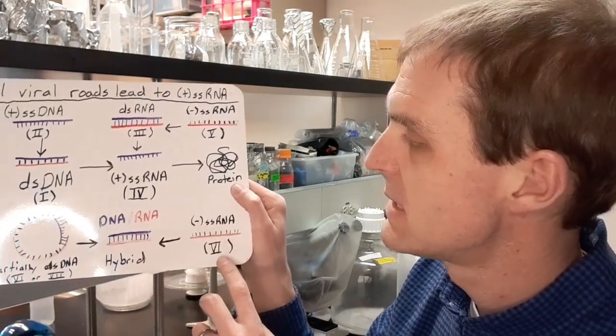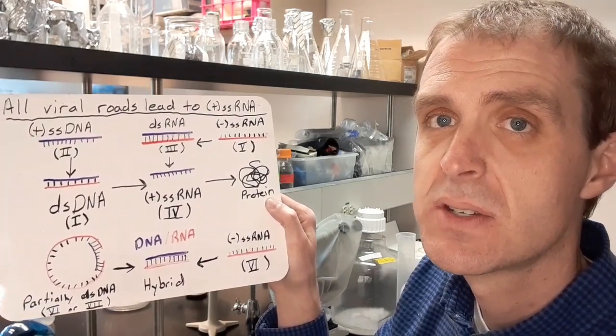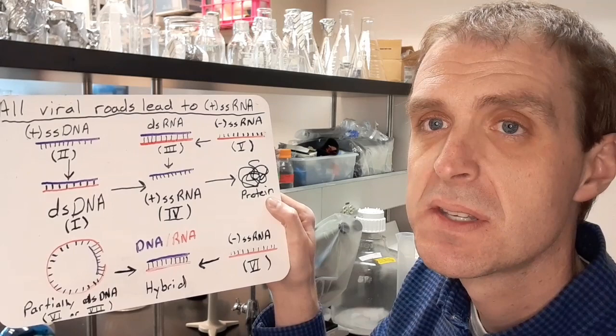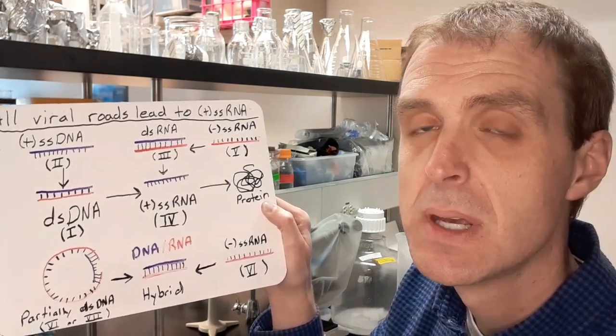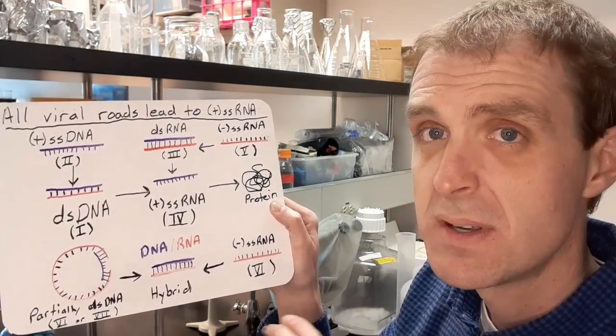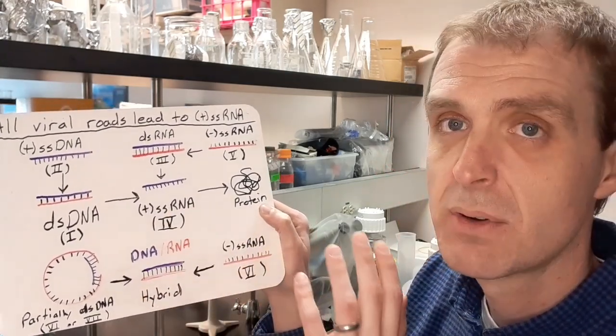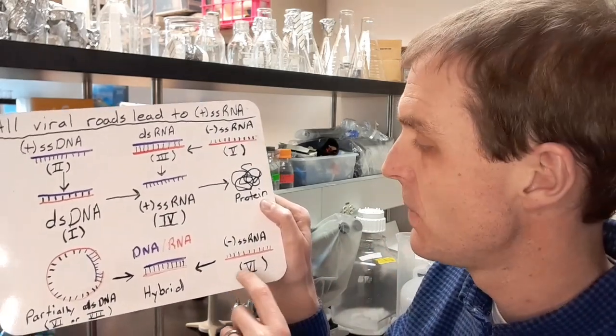Now, groups 6 and 7 are a little contentious because it used to be that groups 6 and 7 were two separate things, but there is some push to combine groups 6 and 7 because they both use the reverse transcriptase enzyme. Reverse transcriptase, remember, is the act of going from RNA back to DNA, so it's the reverse of transcription.